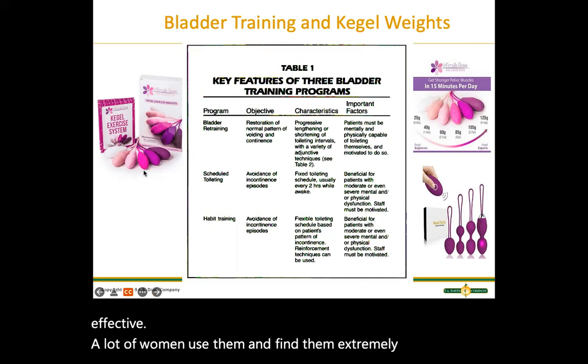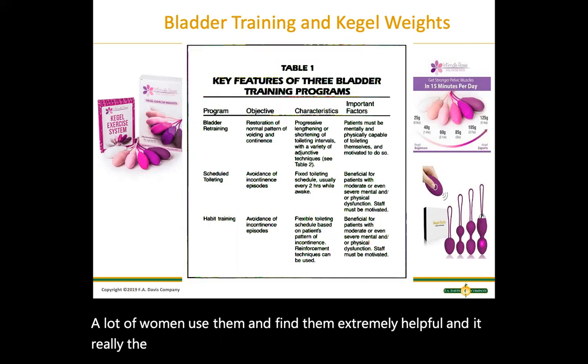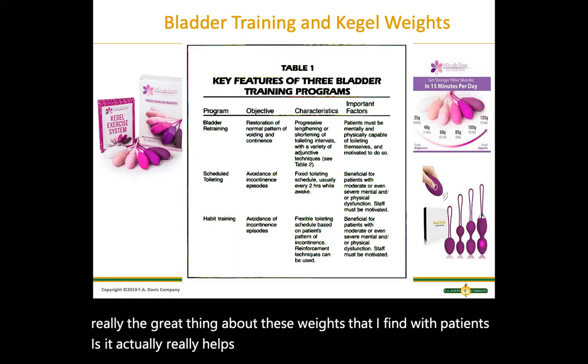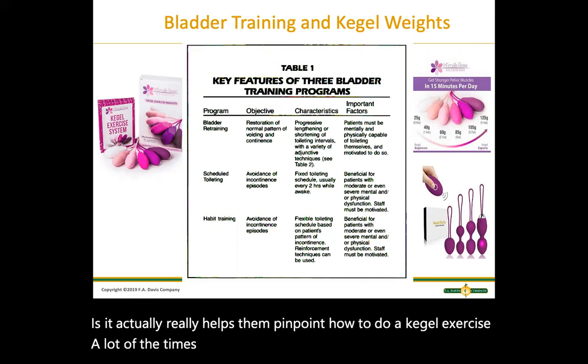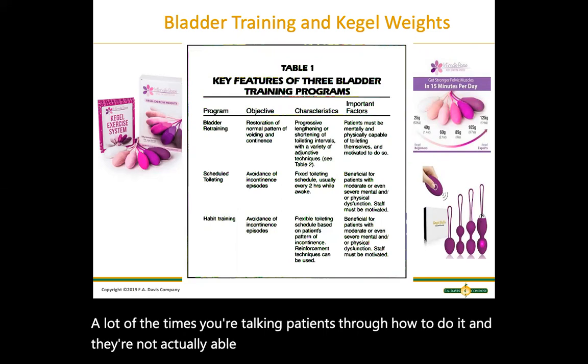The great thing about these weights that I find with patients is it actually really helps them pinpoint how to do a Kegel exercise. A lot of the times you're talking patients through how to do it, and they're not actually able to isolate that particular muscle because they don't know where it is.